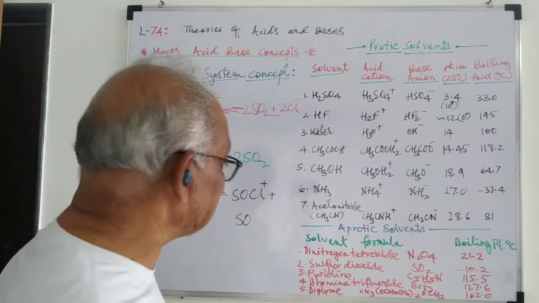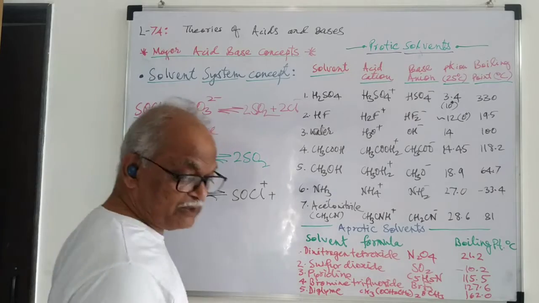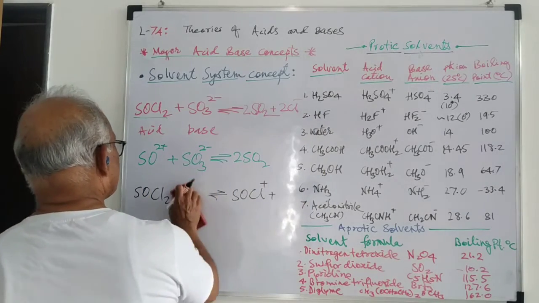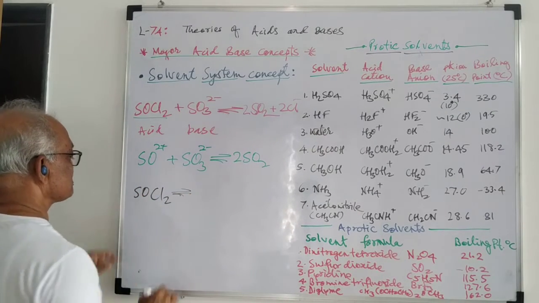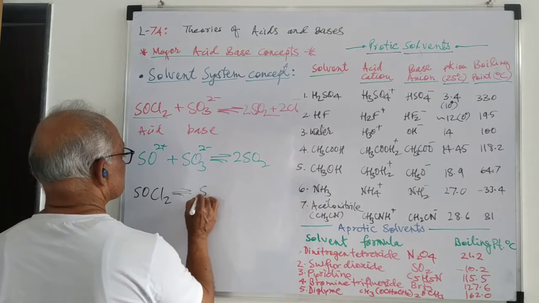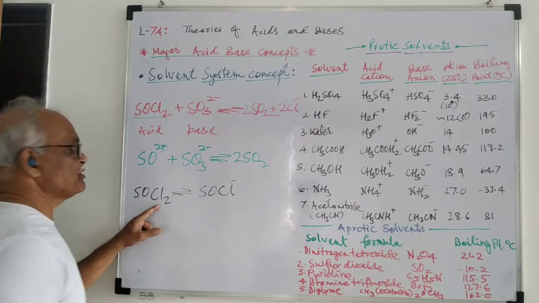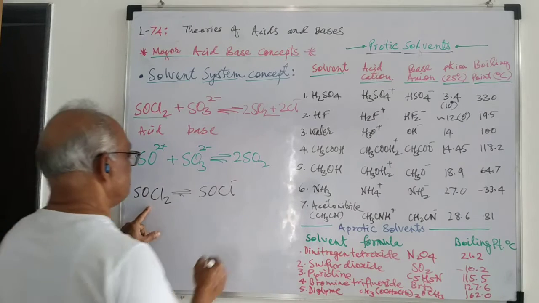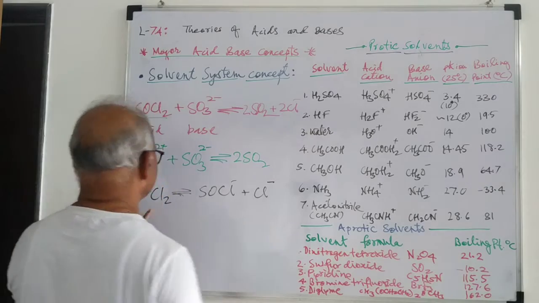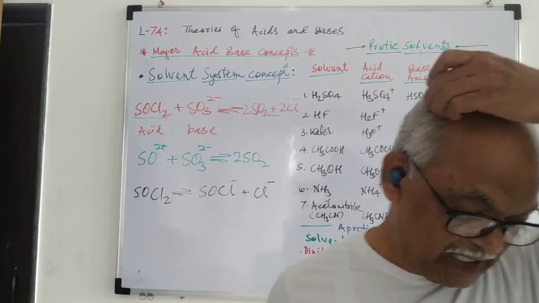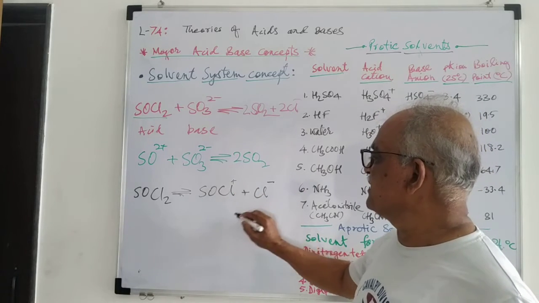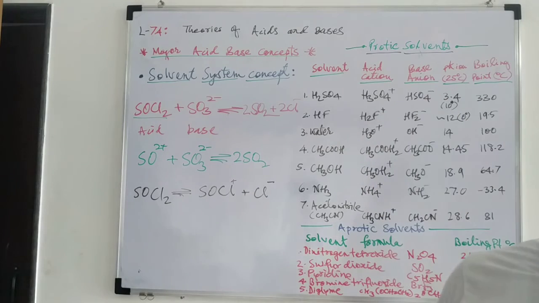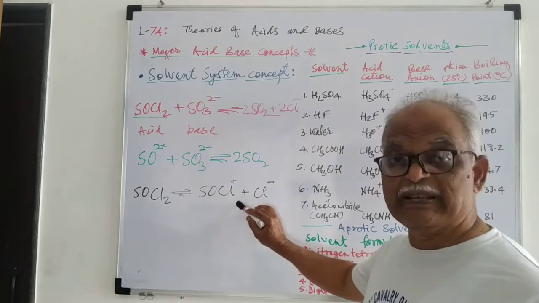That is SOCl plus and Cl minus. Only this dissociation: one chlorine is left with SO and another chlorine moves away. So we get SOCl plus and Cl minus. Sometimes this type of reaction is also observed, and this is expected to be the more feasible reaction.